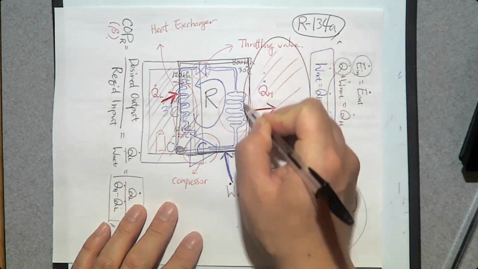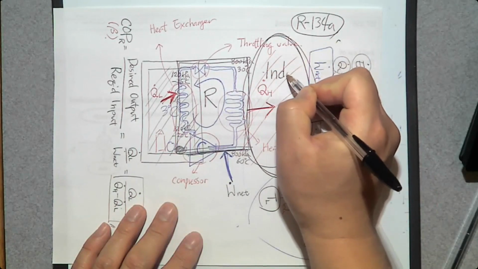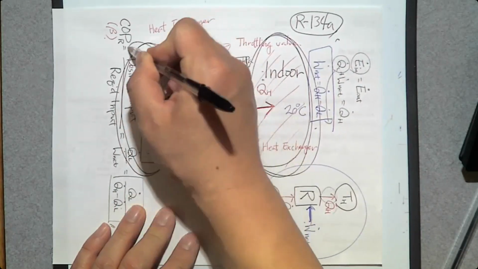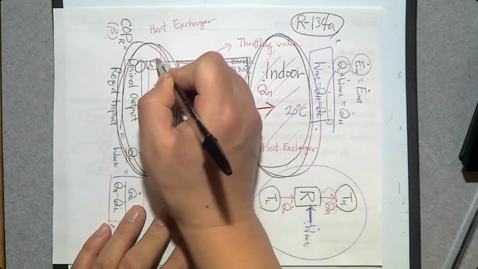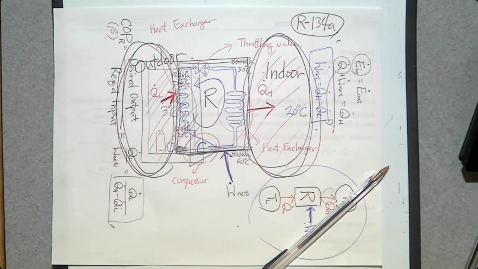So this side is going to be the house, let's say indoor. And this side is going to be the other side of the house, outdoor. So we cool outdoor in winter by running a refrigerator, putting the refrigerator outside. When you cool the outside, what does it mean? We take heat from outside. Once you take heat from outside, you cannot just keep it.